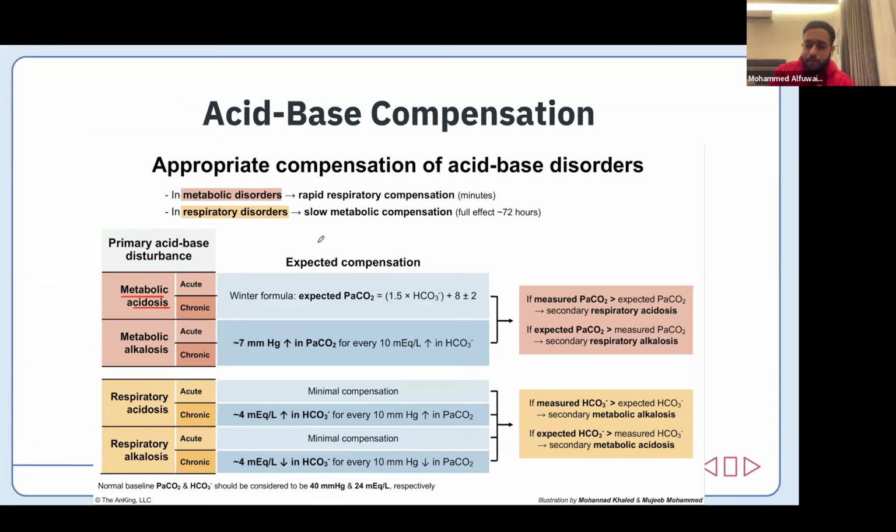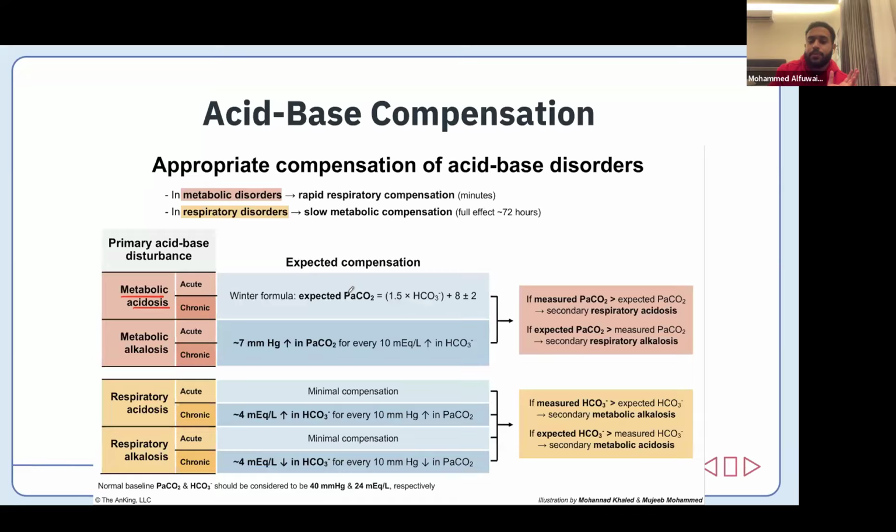Now, what you want to do next, as I mentioned, is check if it's compensated, yes or no. So in physiology, if you have low bicarb, if you have metabolic acidosis, what should happen to the CO2? Lowers. Good.